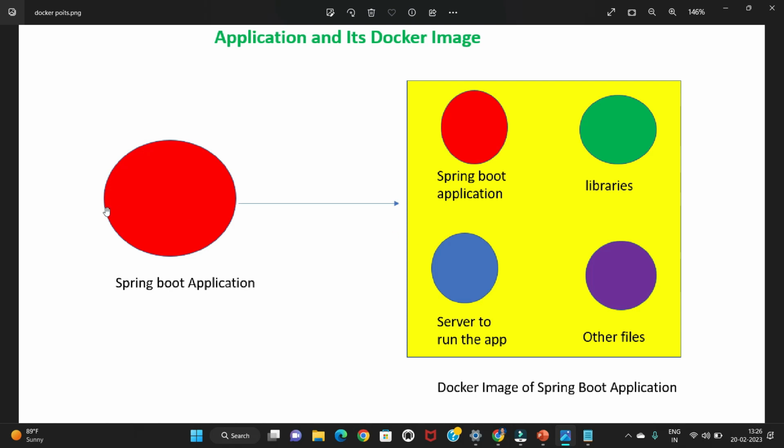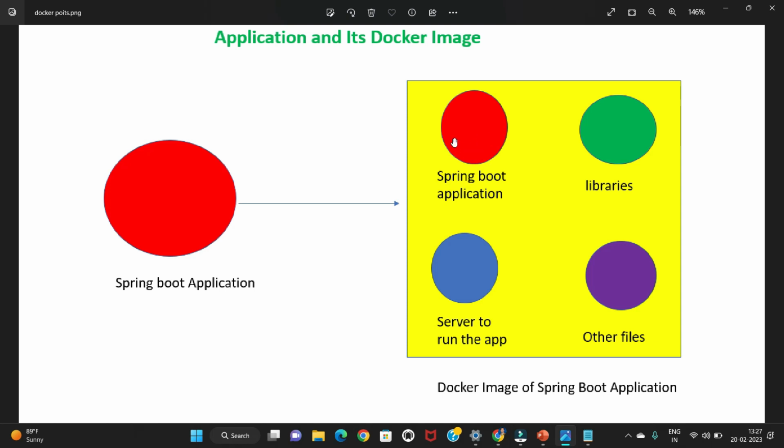So what does a Docker image contain? It contains your application, this Spring Boot application. When you create the Docker image of your application, your application is present inside the image. Plus, while creating this application you added some libraries; all those libraries are also present inside your Docker image.